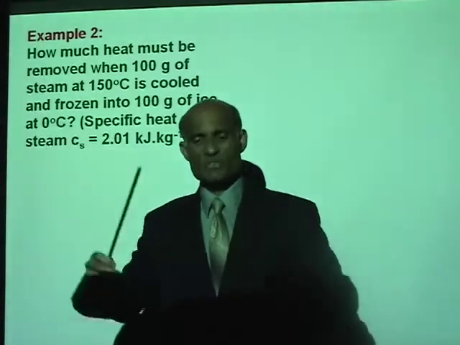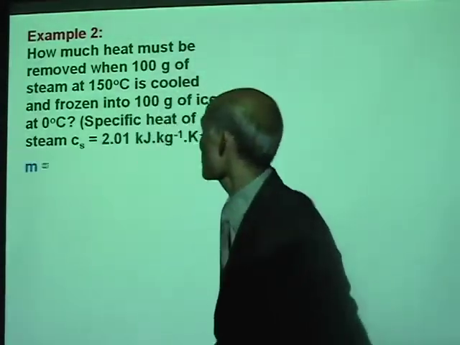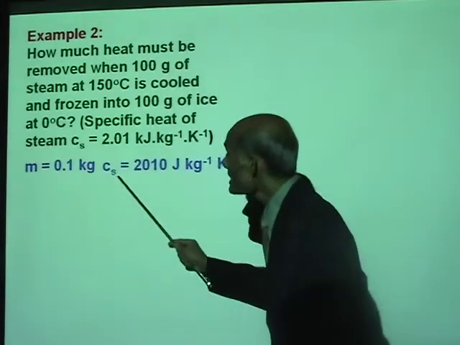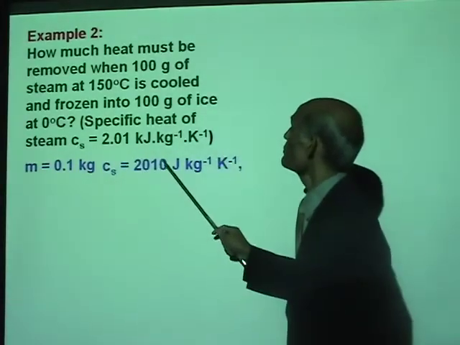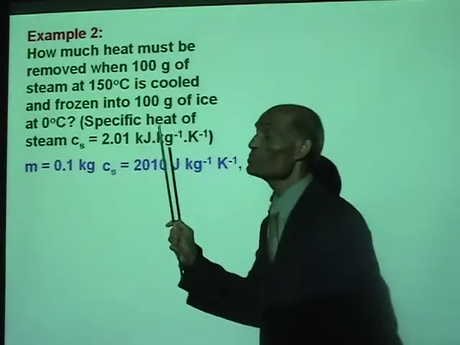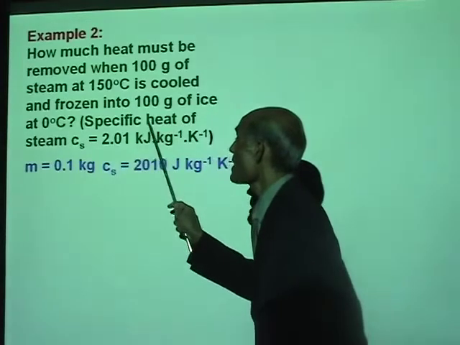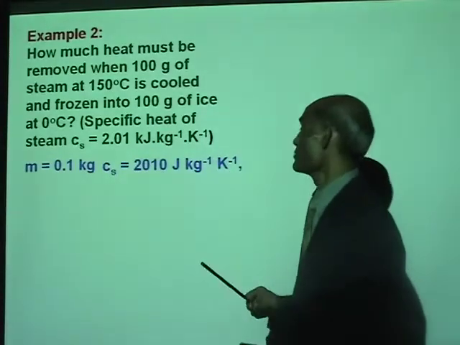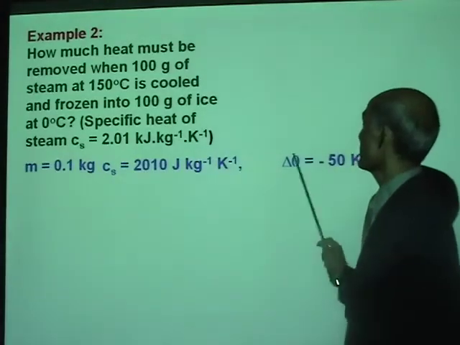Let us trace the various parts. Okay, mass is 0.1 kilogram. Specific heat of steam is 2010 joules per. Now always, what's the unit given? 2.01 kilojoules per kilogram is 2010 joules per kilogram per Kelvin.